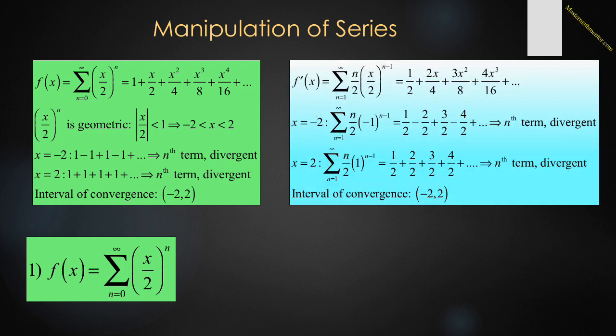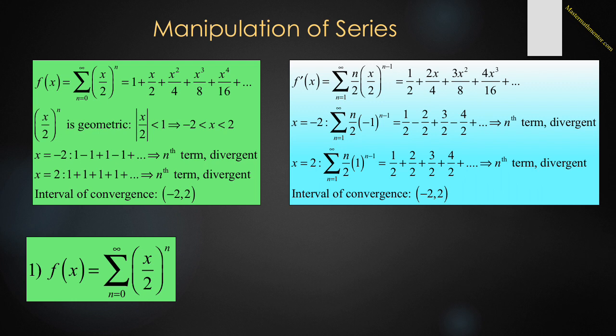So let's look at f prime of x, which will be summation n equals 1 to infinity of n over 2 times x over 2 raised to the n minus 1. Expanding this is 1/2 plus 2x over 4 plus 3x squared over 8 plus 4x to the 3rd over 16 plus dot dot dot.